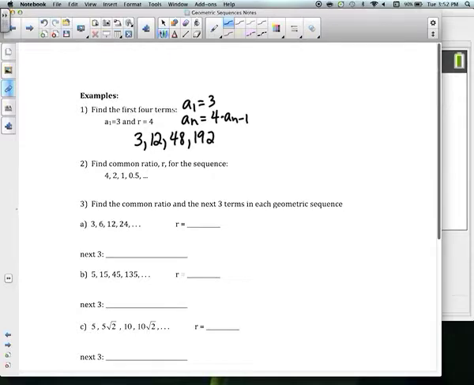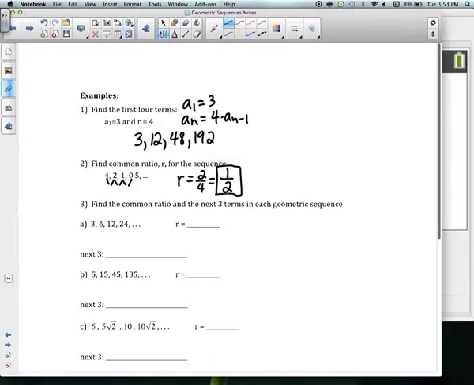Find the common ratio for the sequence. When you do this, you want to do the second term divided by the first term. I'd always simplify it, so this is going to end up being 1/2. Even though it looks like dividing by 2, we always want to talk about what we're multiplying by.